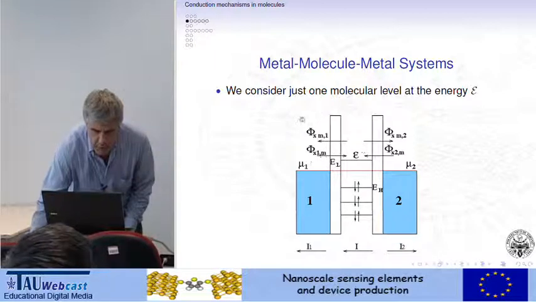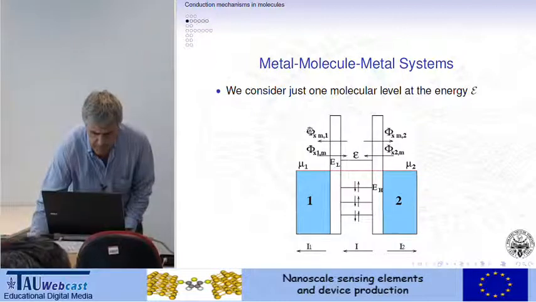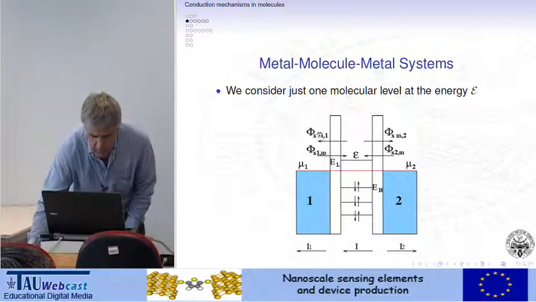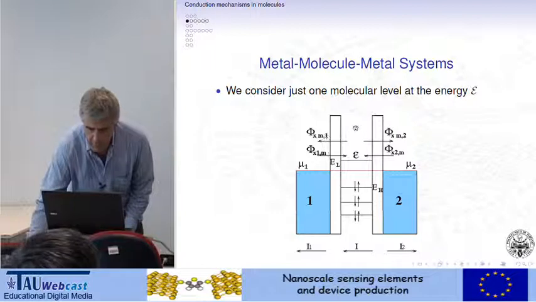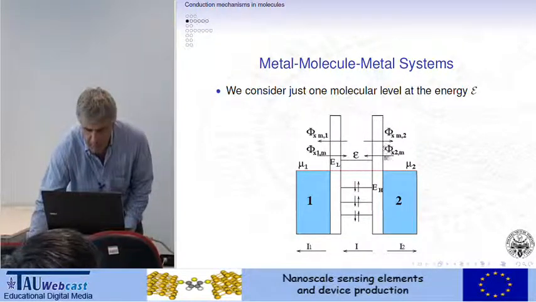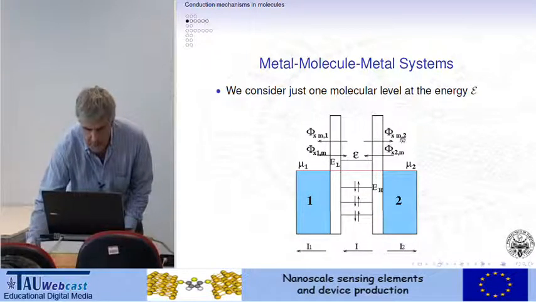And we also have an opposite flux from the molecule to the electrode, and so the symbol is obviously phi from molecule to 1. The same thing can be done on the right electrode. So we have 2 possible fluxes: from electrode 2 to the molecule, phi 2 to m, and a flux from the molecule to the electrode.